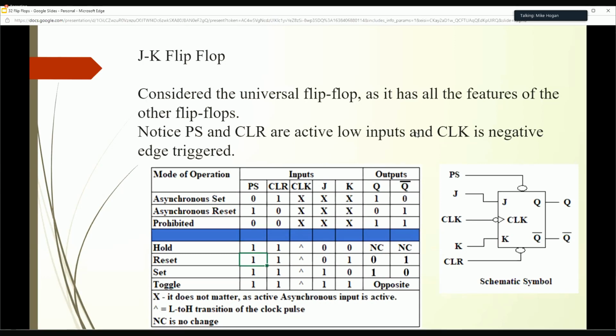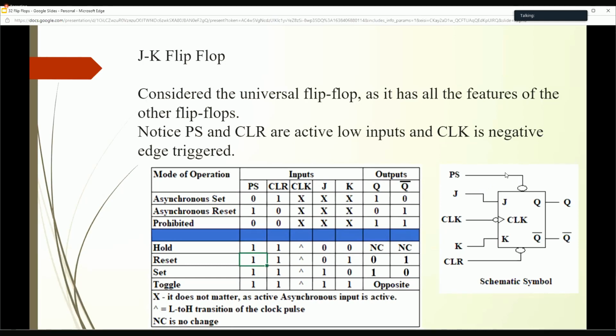If you look at our preset and our clear, both of them are asynchronous, meaning that they are not concerned about the clock pulse. As soon as they're active, they're going to change the status of Q. And you can see once again for this JK flip-flop, preset and clear are both active low.